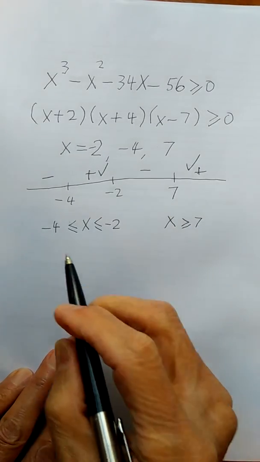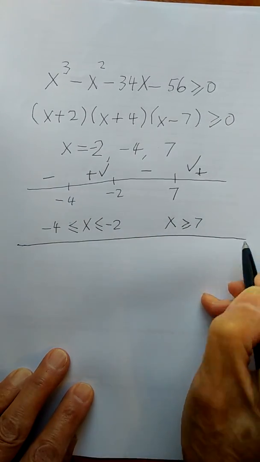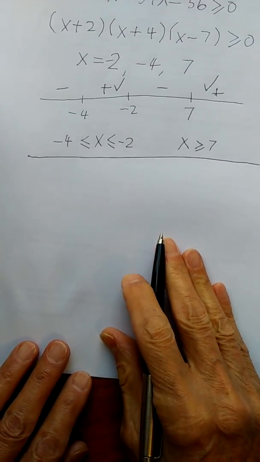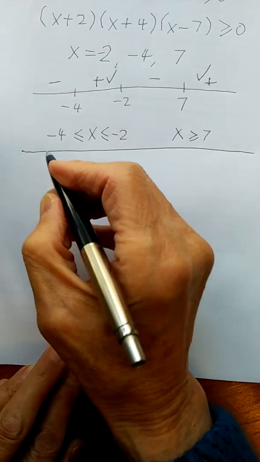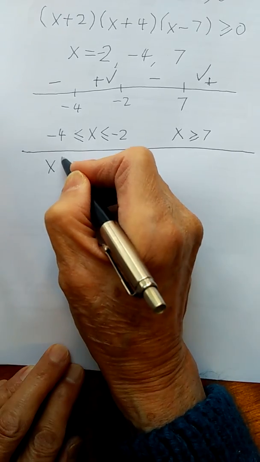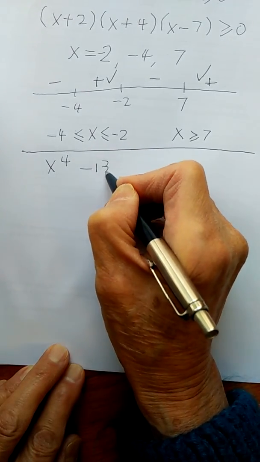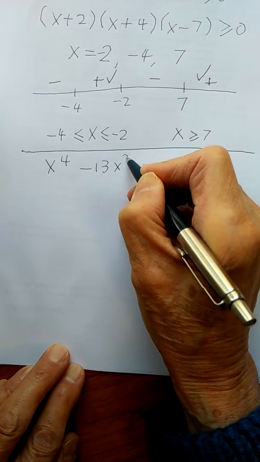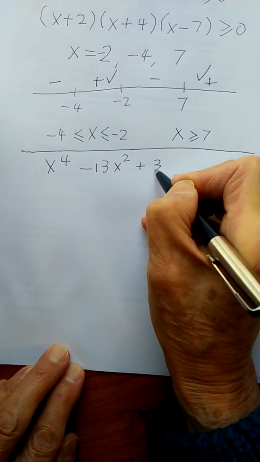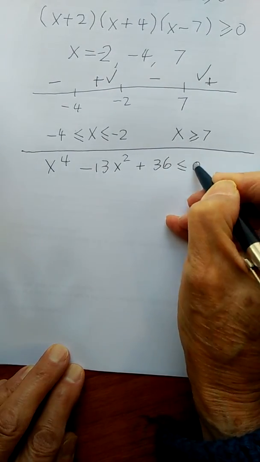Okay, let's have another example polynomial: x to the power of 4 minus 13x squared plus 36 less than or equal to 0.